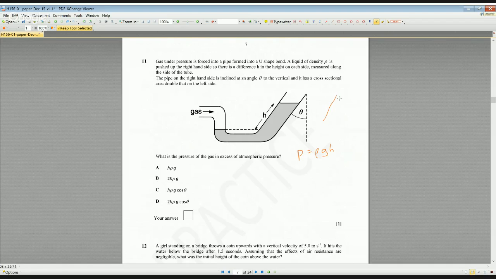So we can draw a right angle triangle, the actual vertical height, capital H, lowercase h there, and we've got the angle theta.